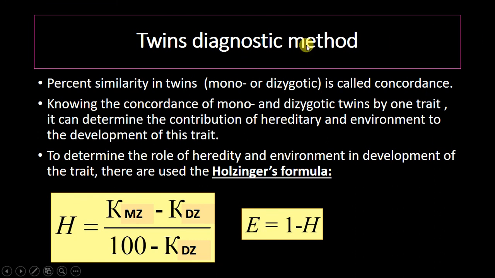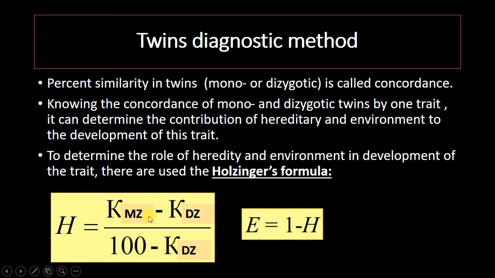Twin diagnostic methods. We must know a new term, which is called concordance. What is concordance? Concordance is the percent similarity in twins, mono- or dizygotic. It looks like concordance of monozygotic and concordance of dizygotic twins in this formula.